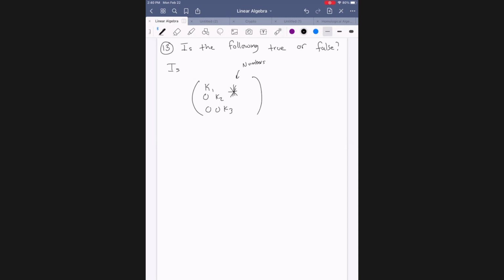Is this matrix invertible? Let's take a look at this one. Is this invertible?